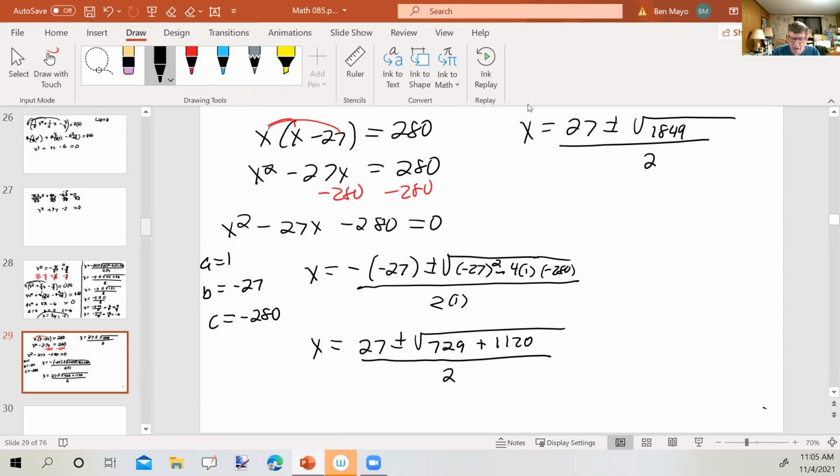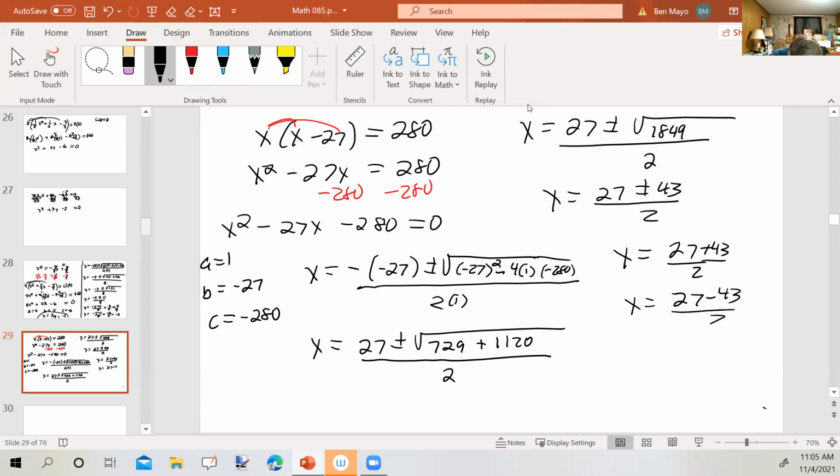Now, it'd be really nice if 1849 was a perfect square. So let's find out if it is. I'm going to take the square root of that, and I get 43. So I get 27 plus or minus 43 over 2. So x is 27 plus 43 over 2, 27 minus 43 over 2.